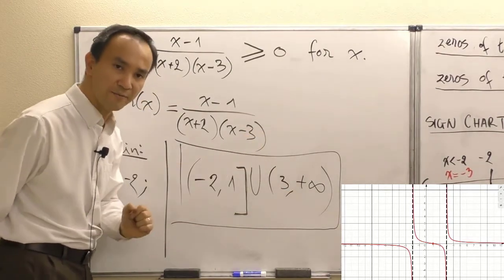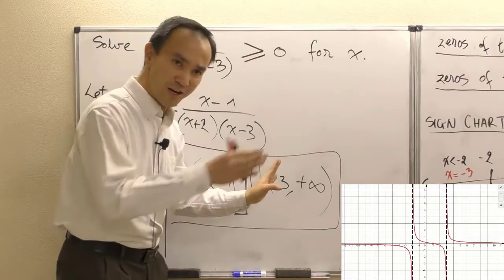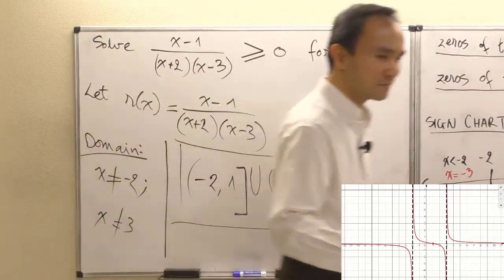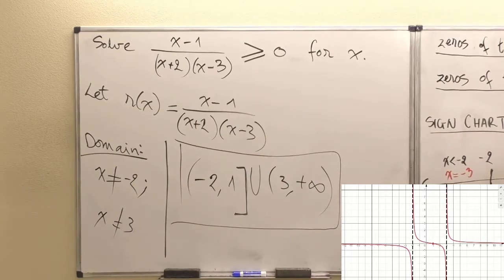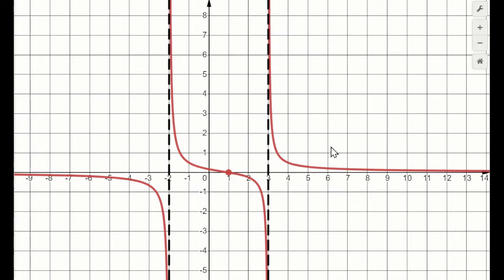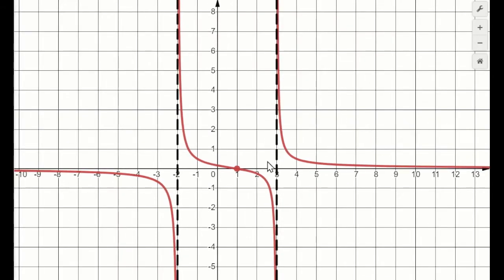You're seeing that on the graph right there, from the vertical asymptote at x equals 3 to the right-hand side. This is the interval where the graph is completely above and will never hit the x-axis. The graph is completely above, positive, anywhere between 3 and +infinity. And that's how we're doing this demo problem, and the graph explains that.